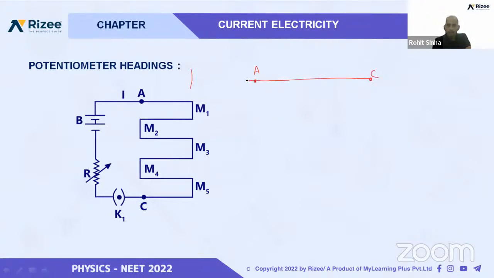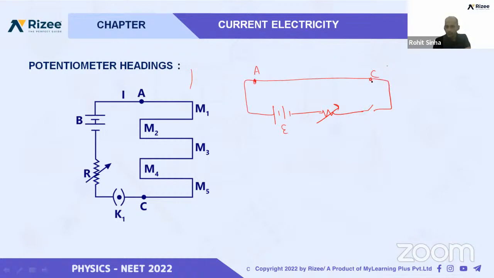We join it with an EMF, let us suppose E, and then we take a rheostat like this. Then one switch, and we connect it like this. This device is called a potentiometer.